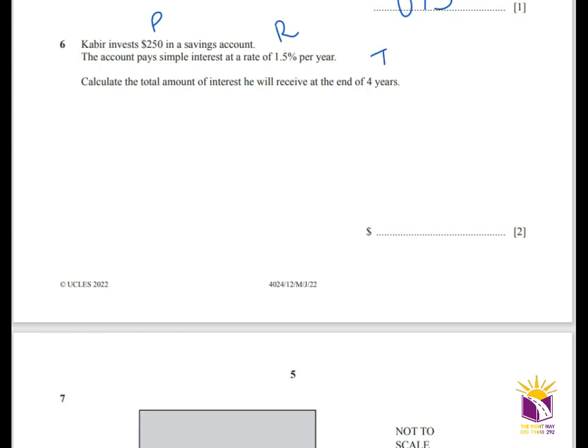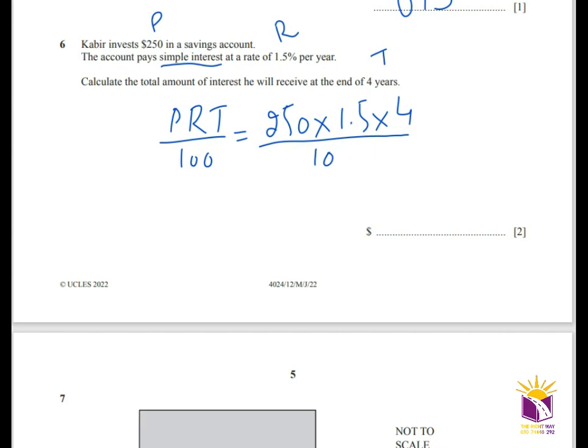Now for the formula of the simple interest, PRT by 100, which will be equal to 250 multiply by interest rate 1.5 multiply by 4 divided by 100.